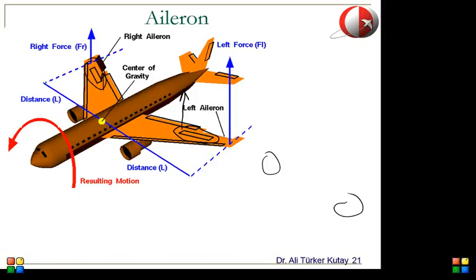Some airplanes can use this as well. Normally when you deflect these elevators together, they give you a pitching moment. But if you deflect them in different directions, then these can give you a rolling moment as well. But these are just secondary roll control devices. The major one is the aileron.